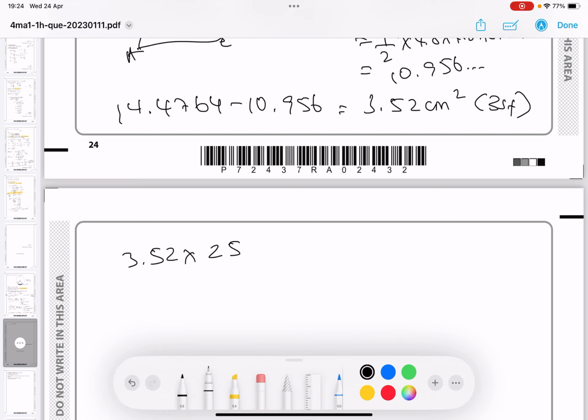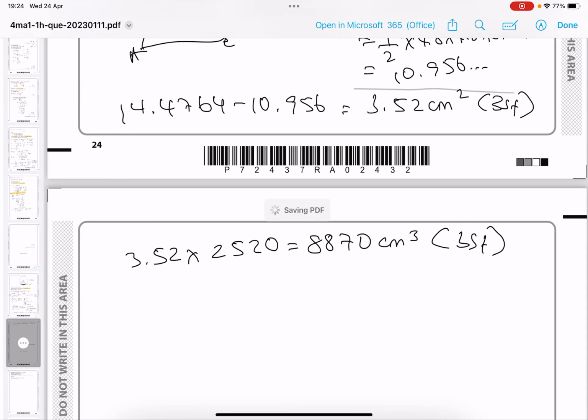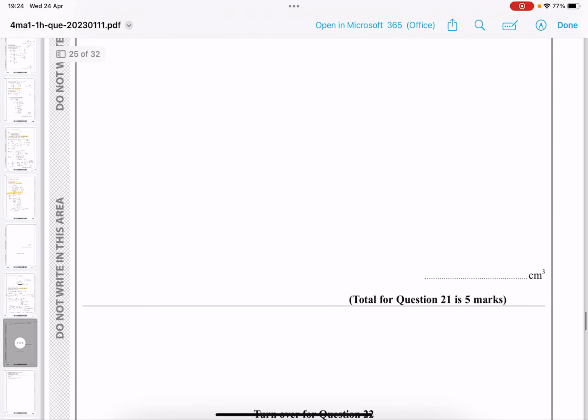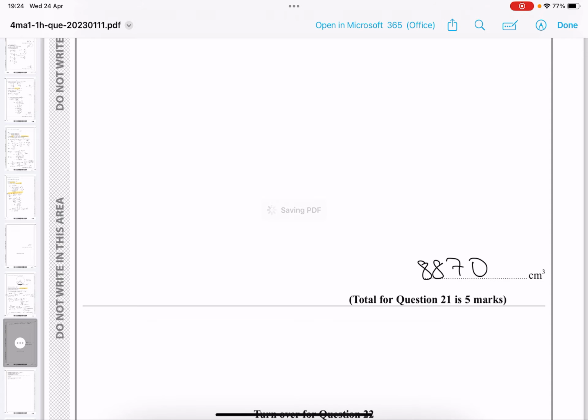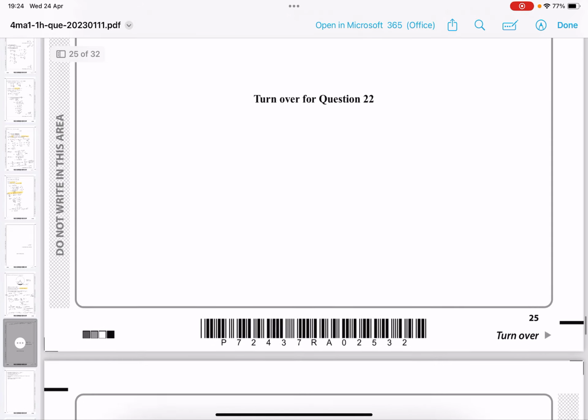And that should give you an answer of 8,870 centimeter cubed to 3 SF. Okay. 8,870 centimeter cubed.